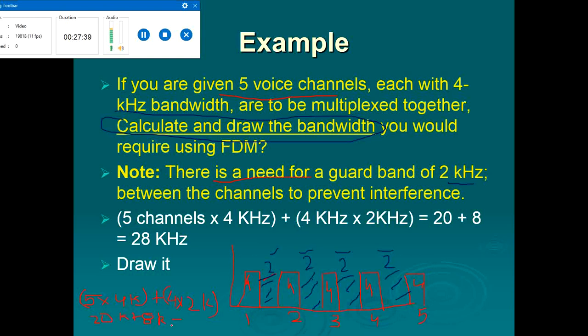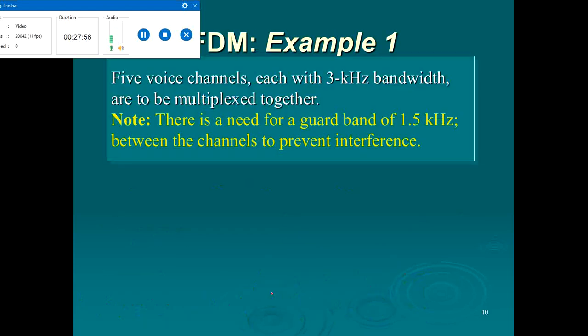So the total is 28 kilohertz. Now, when I say draw it, you need to draw like this, the way I have shown over here in the slides. And you need to mention that this is the voice band and this is the guard band. So this is how you can draw it.